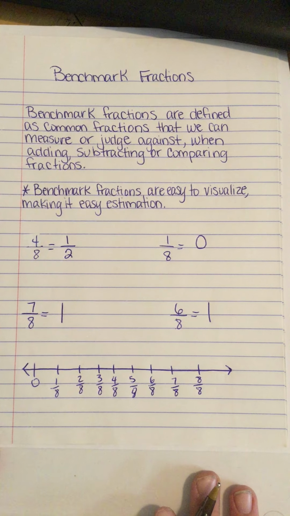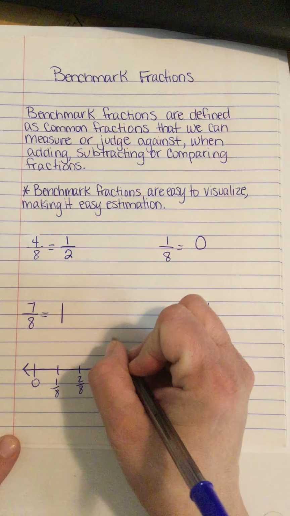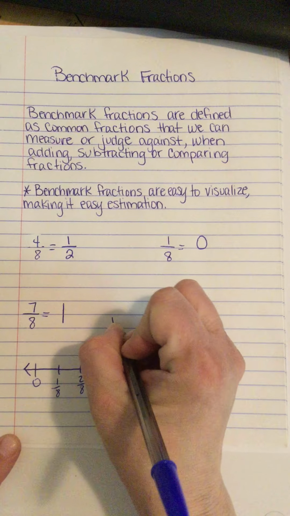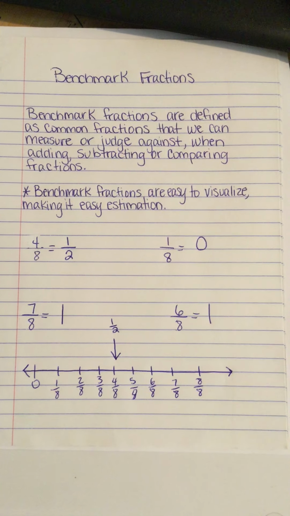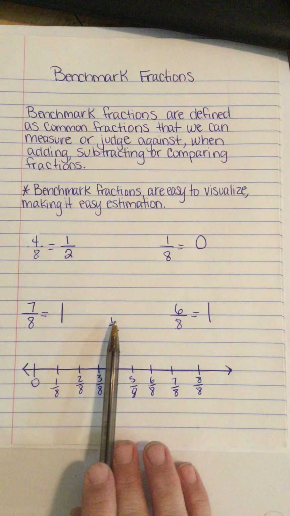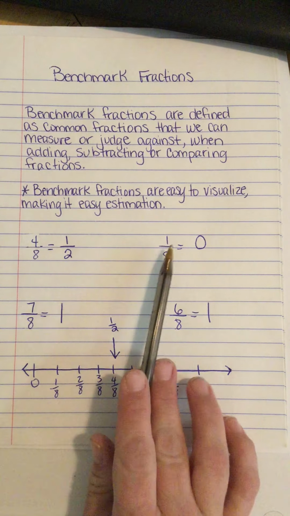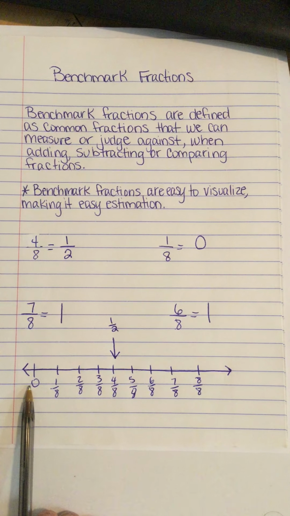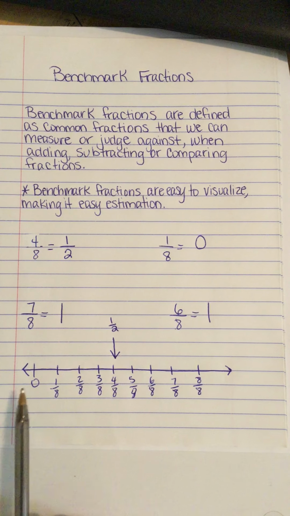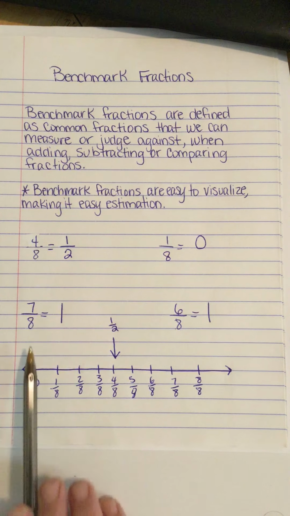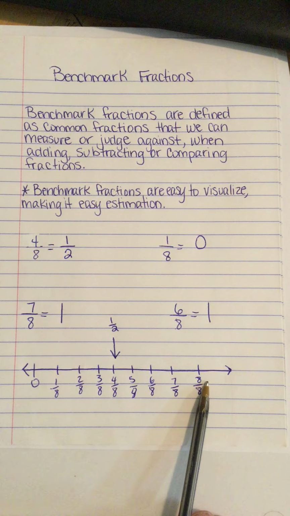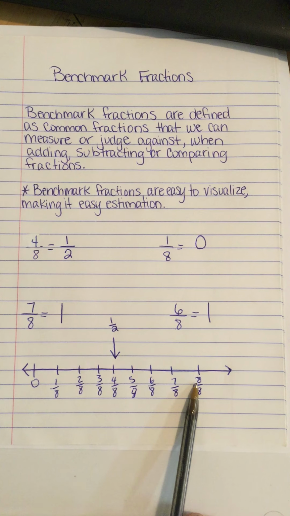Of course mine's not to scale, but this would be half, right? So when you think about it, 4 over 8 is a half, because 4 is half of 8. 1 over 8 is closer to 0, so you would estimate it to be 0. 7 over 8, closest to 8, would estimate it to be 1.